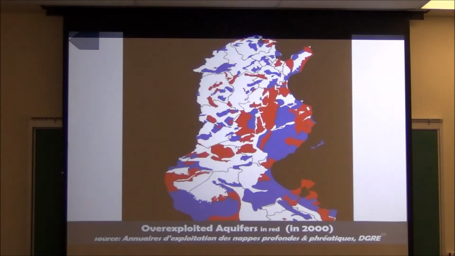Here we have the map of the overexploited aquifers. Most of the aquifers in red are overexploited, and many of them are located on the coast.